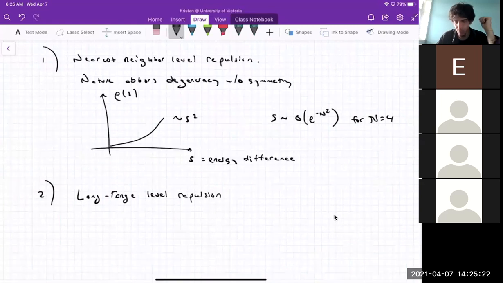And the fact that it's there is a universal feature of many, many-body quantum systems.